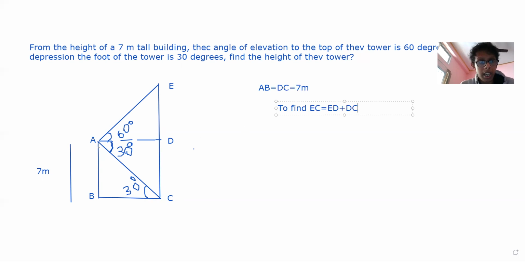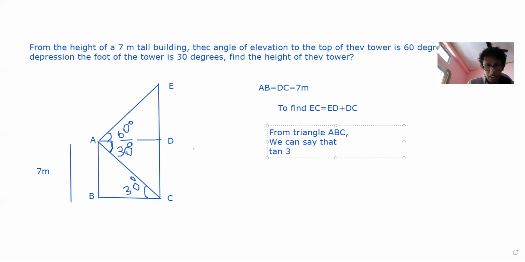Now from triangle ABC, what can we write? From triangle ABC, we can say that tan 30 degree.